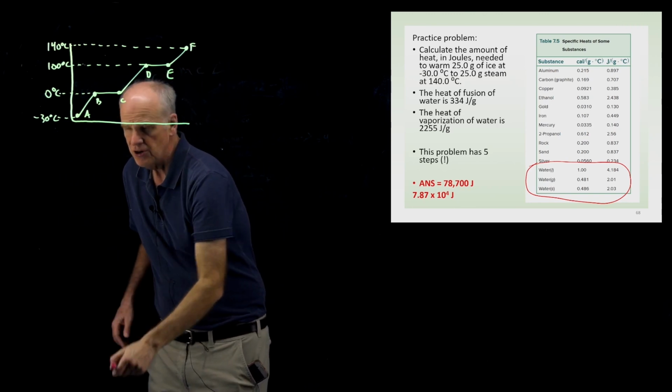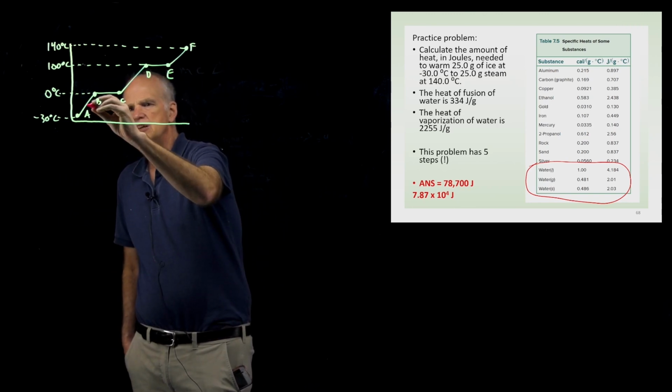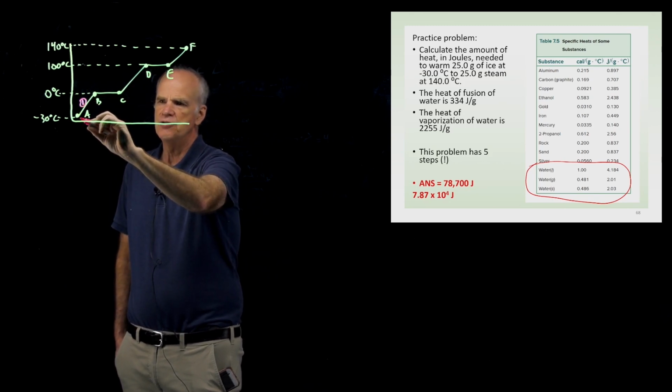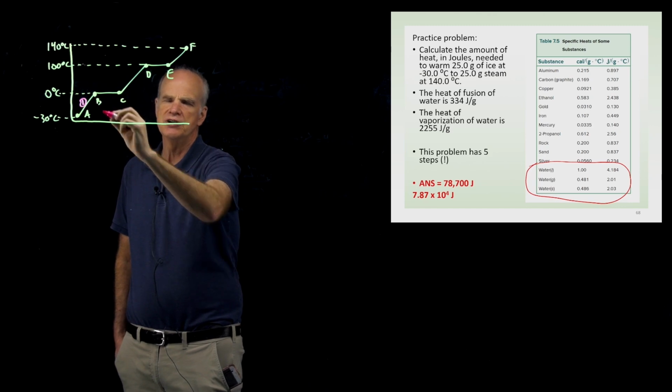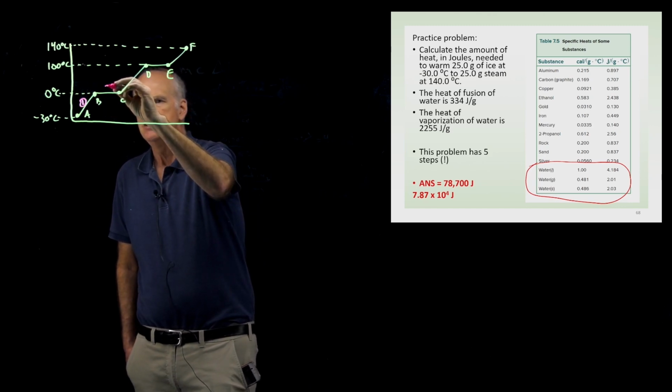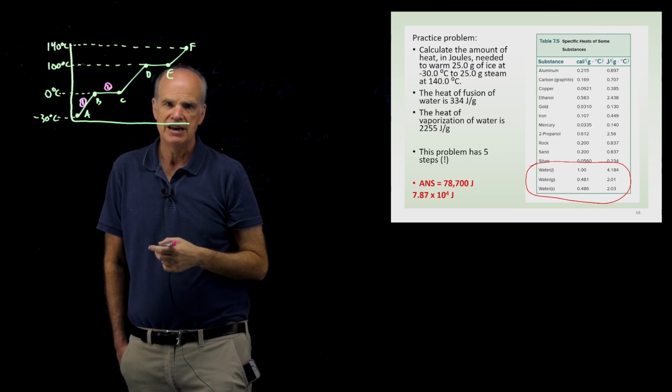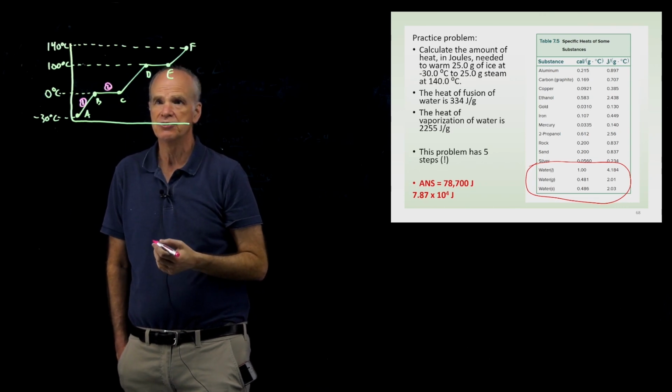And so the first step is to calculate the heat necessary to get solid ice from negative 30 degrees Celsius to 0 degrees Celsius. And the next step is to calculate the heat necessary to melt that amount of ice you have at 0 degrees Celsius.